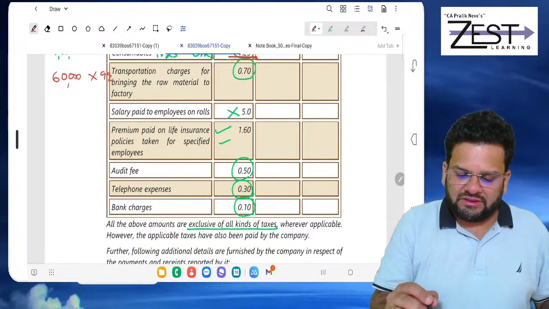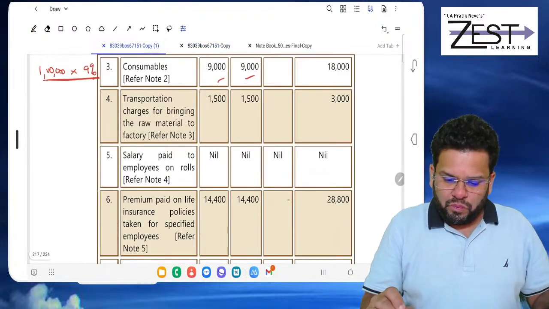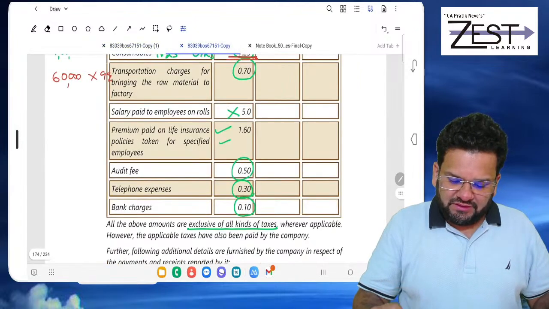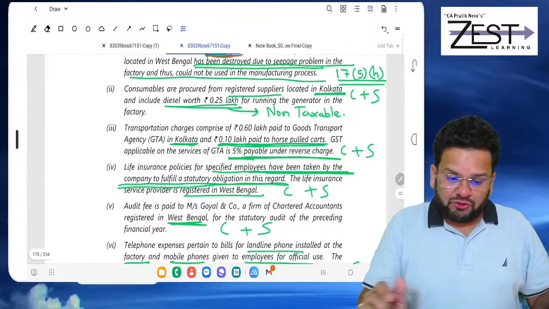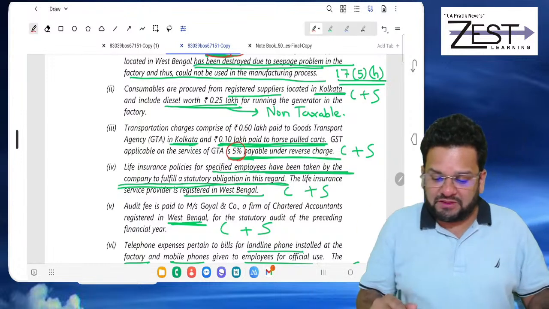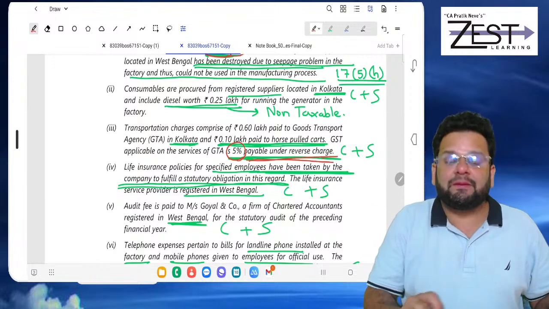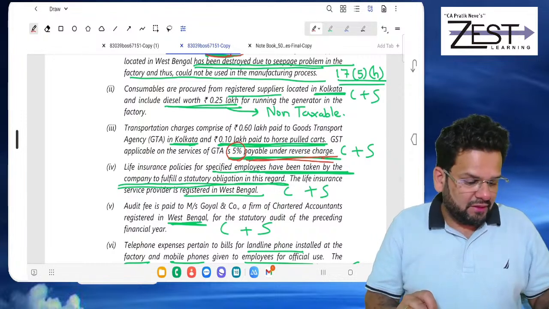Yes, what is the rate of GST on that? Please read the paragraph on that. Sorry, the GST is at 5%, payable under RCM. So do 60,000 multiplied by 5% divided by 2.